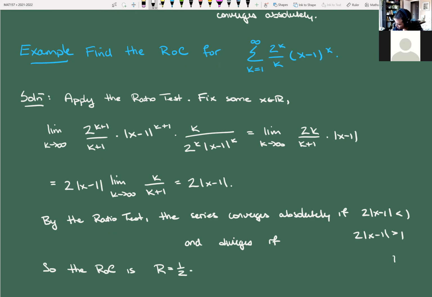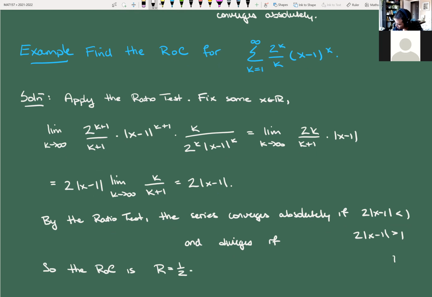Okay, so let me say something else very quickly here. Our theorem above doesn't tell us anything about what actually happens at the endpoints, right? It doesn't tell us what happens when we're equal to our radius of convergence. And anything can happen. So maybe let's write this as a note.